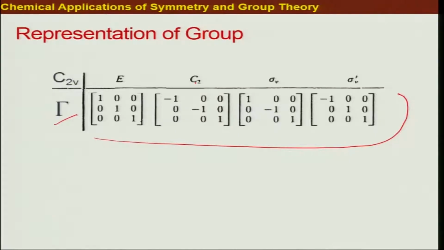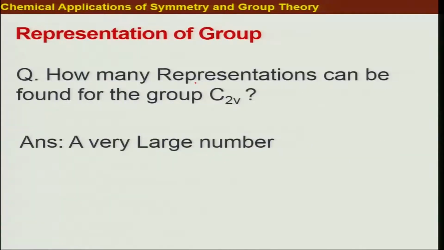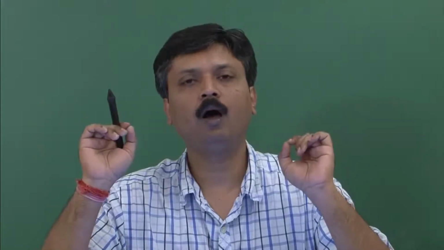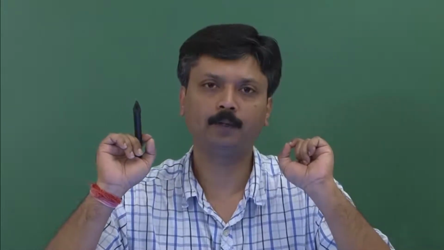Very fine. Now we have a genuine question here: I took XYZ as my basis set and found the matrix representations, put all of the matrix representations against the symmetry operations in a table, and we called it a representation. Now how many such representations can one find?